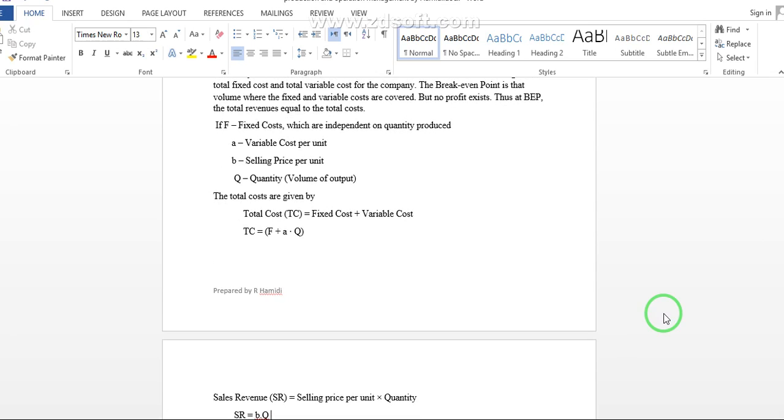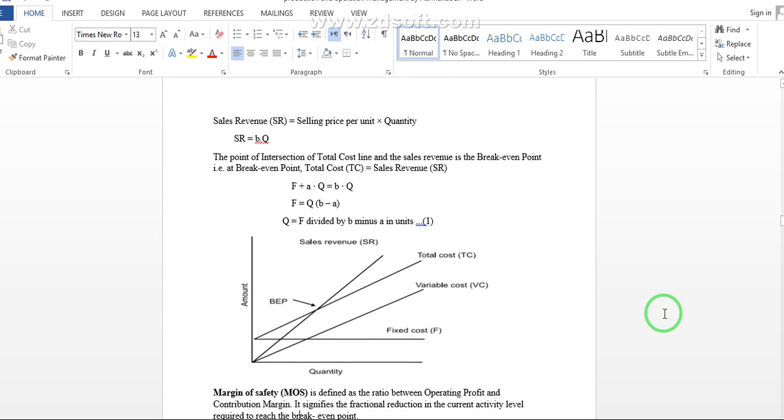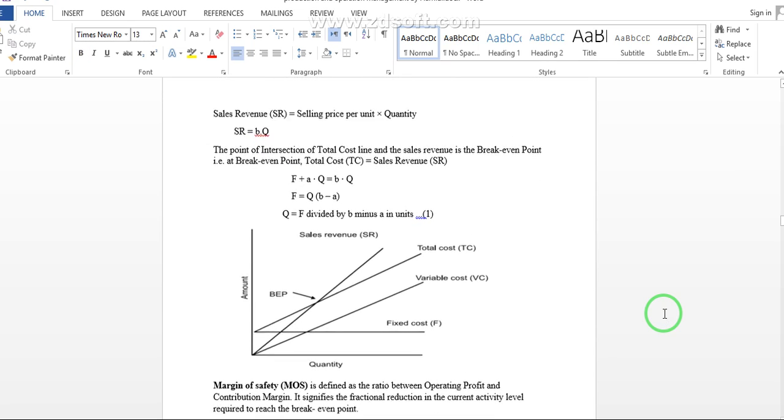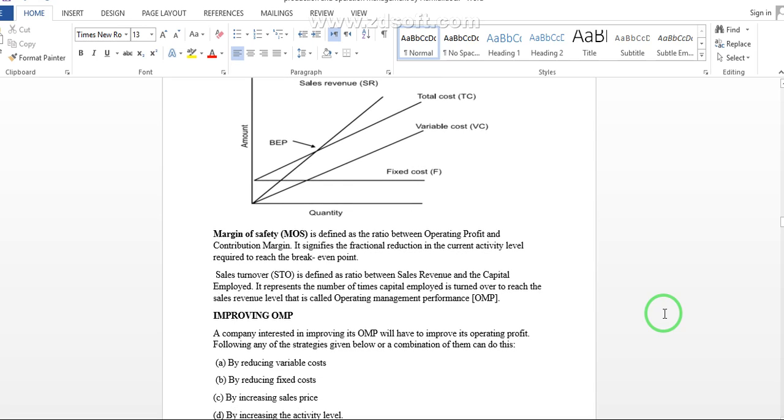So fixed cost is considerable, and variable cost is also considerable, respectively. We discussed some of the particular formulas. Today we are going to discuss another very significant topic of the economic model of operation management, by the name of margin of safety.